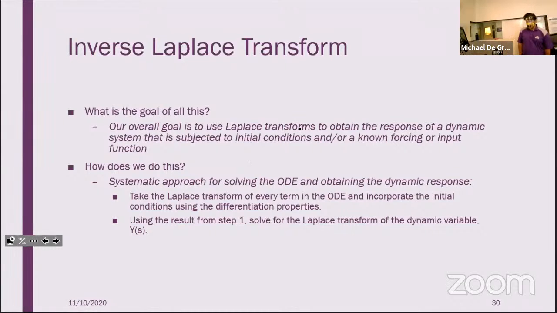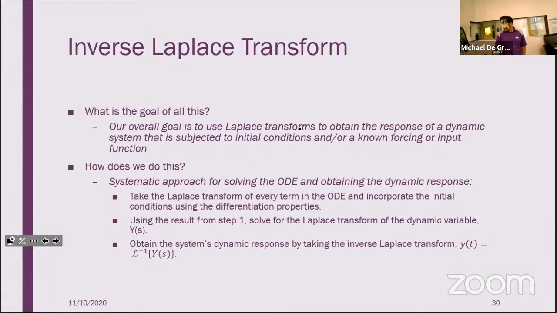You might have seen it on the previous slide, and hopefully you remember from Thursday, but this is going to involve one of my top 5 favorite expansions of all time, the partial fractions expansion. Typically in these cases, we're going to end up with partial fractions. So we obtain the system dynamic response by taking the inverse Laplace transform. If you have Y of s, you're going to take the inverse Laplace transform.